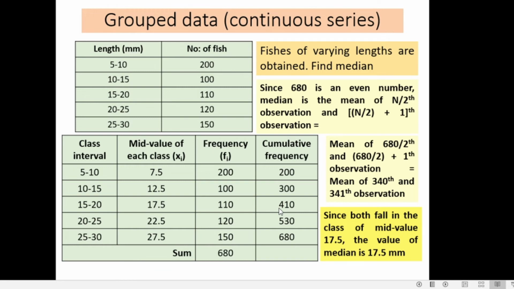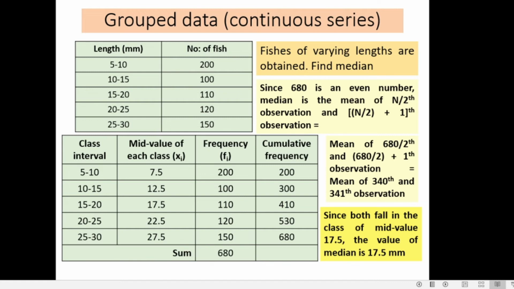And since there are two middlemost observations, 340 and 341, and both come under the same class, you can directly take the median as 17.5. If they were under two different classes, then you would have taken their average value. So that is how we calculate median. So it is the middlemost observation.